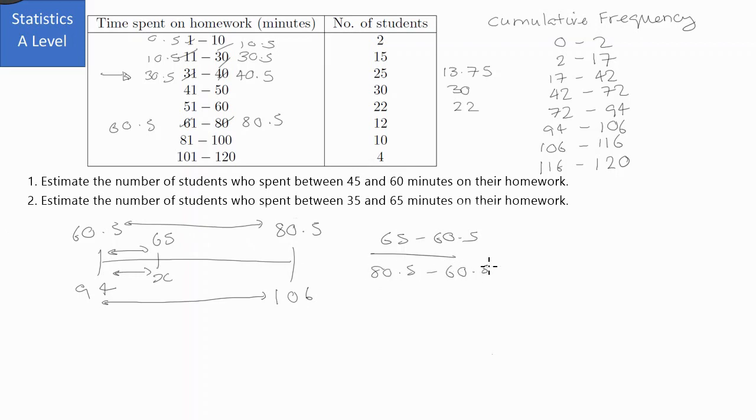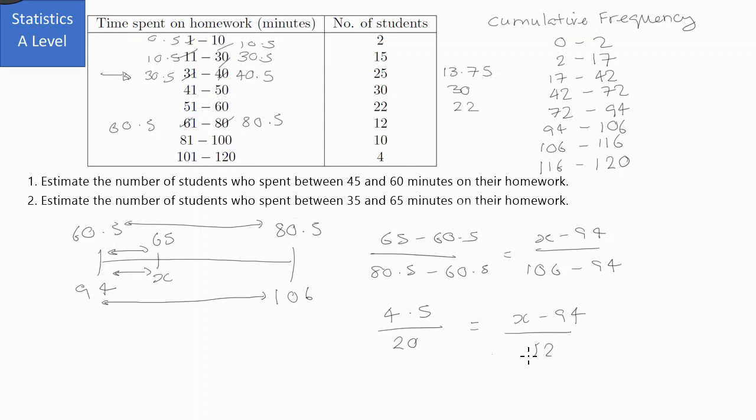And then on the other side, it's going to be equal to this small line, x minus 94, divided by 106 minus 94. And now we want to start simplifying everything. So the numerator here simplifies to 4.5. The denominator simplifies to 20. And that's equal to x minus 94 divided by 12.